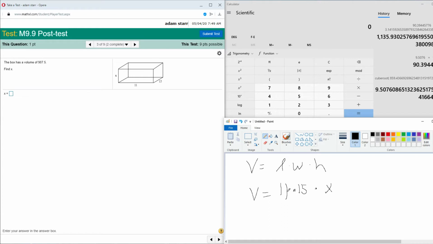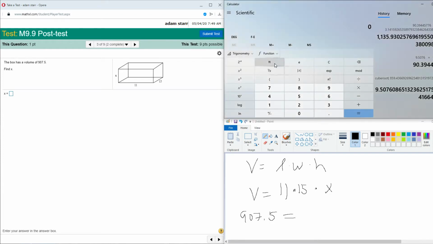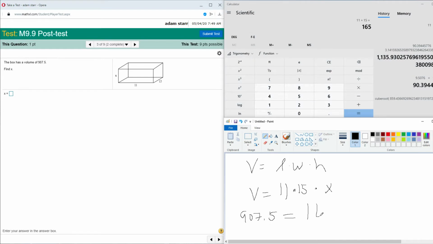And I know what my volume is. So I'm going to substitute V for 907.5 equals, and then multiply 11 times 15, which is 165, times x.